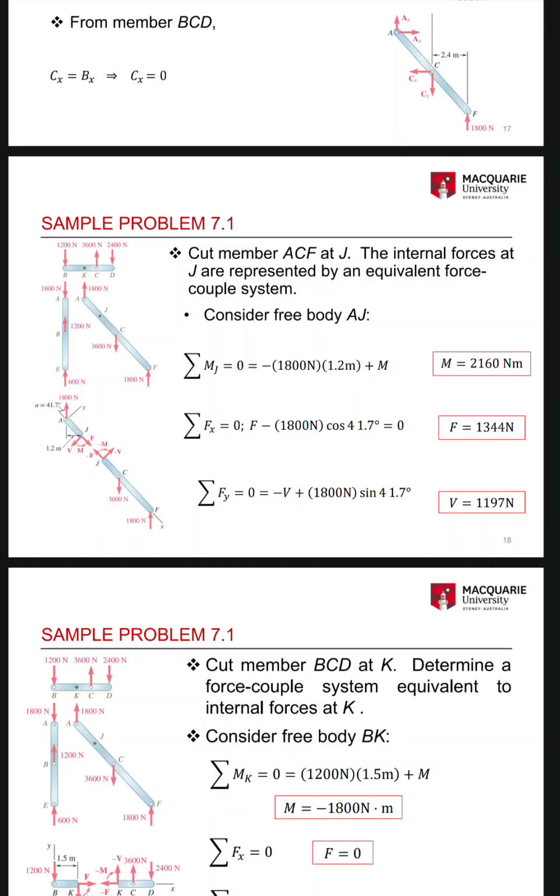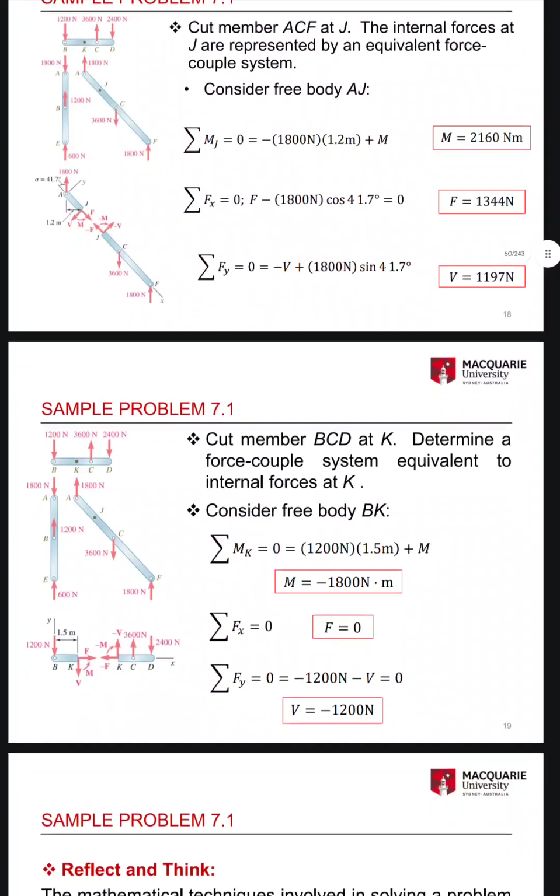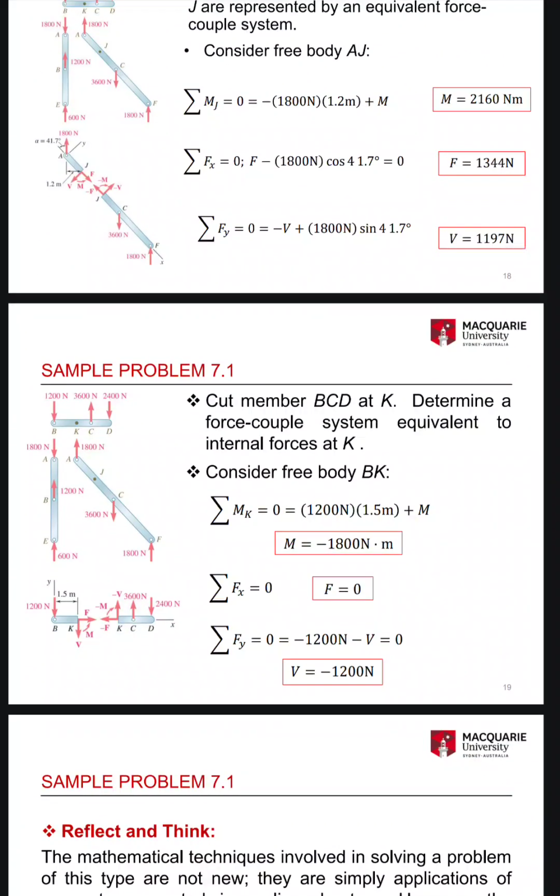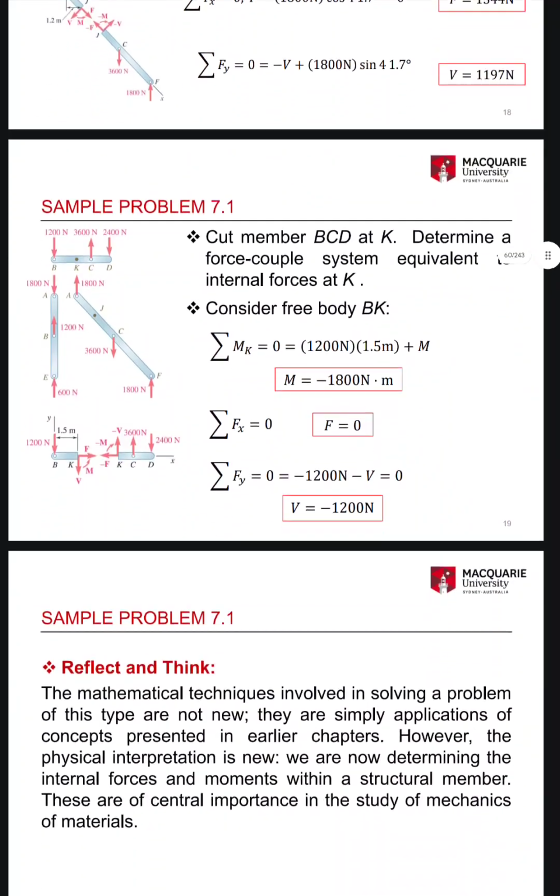Sum Fy equals 0: minus V plus 800 Newton sine 41.7 degrees equals 0, so V equals 1197 Newton. Cut member BCD at K. Determine a force-couple system equivalent to internal forces at K. Consider free body PK. Sum MK equals 0: 201.5 plus M equals negative 800 Newton meter. Sum Fx equals 0, so F equals 0. Sum Fy equals 0, so V equals negative 200 Newton.